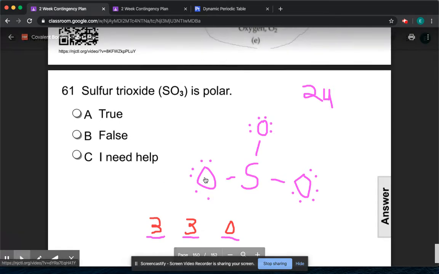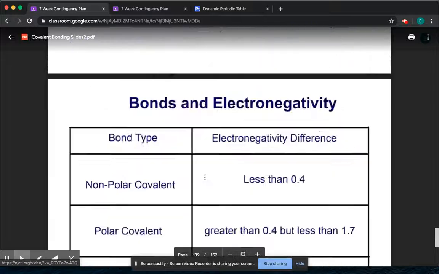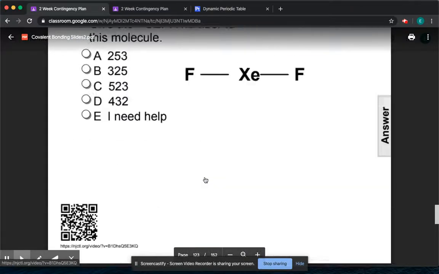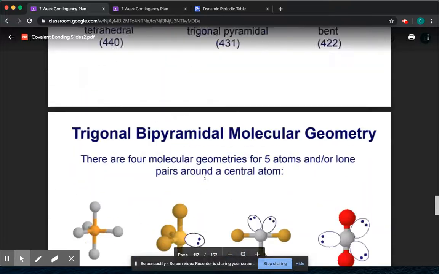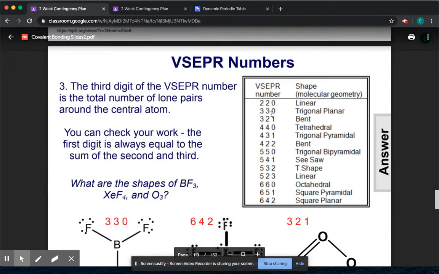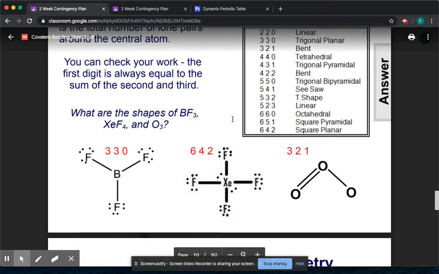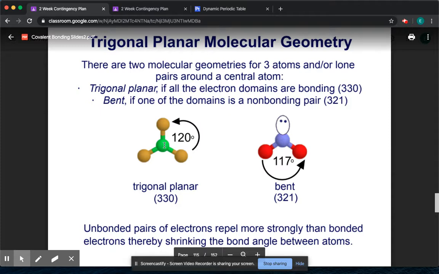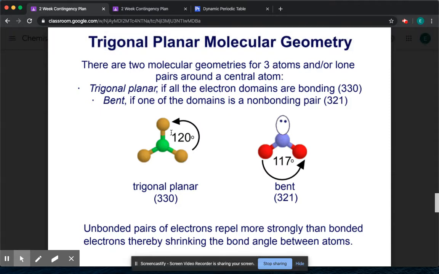So in 3, 3, 0, what shape do we have? Let's go back up and look at the table from yesterday. 3, 3, 0 is going to give us trigonal planar. And trigonal planar looks like this: you have an atom in the middle, and all the angles are going to be 120 degrees, and it's going to look like that.